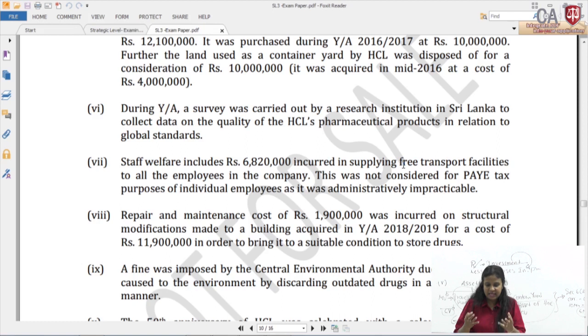If you have seen that word, then you know it is not domestic expenditure. Secondly, it is not an employment benefit. This is administratively impracticable to allocate to each of the employees. Therefore, this is an allowable deduction. That's all. Okay. This was not considered for PAYE tax purposes of individual employees as it was administratively impracticable. No matter, it's done. This is an allowable deduction. For tax purposes, no adjustments required.